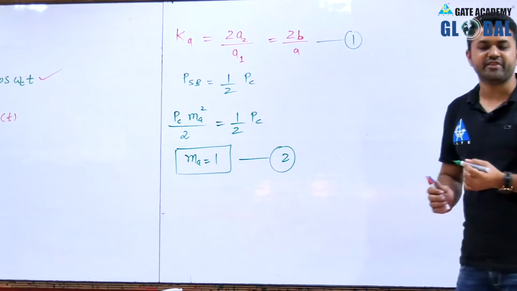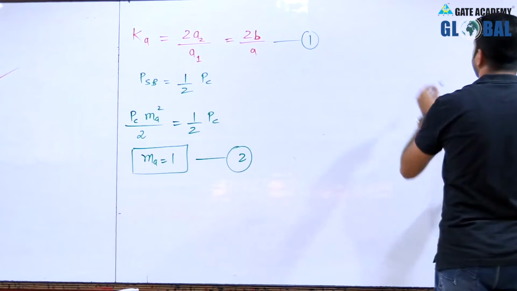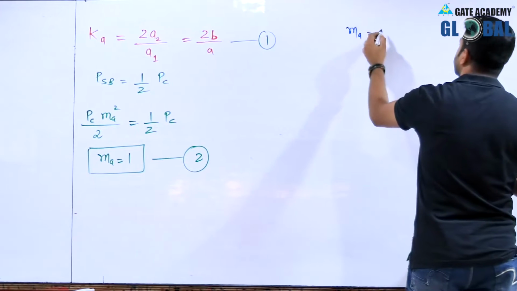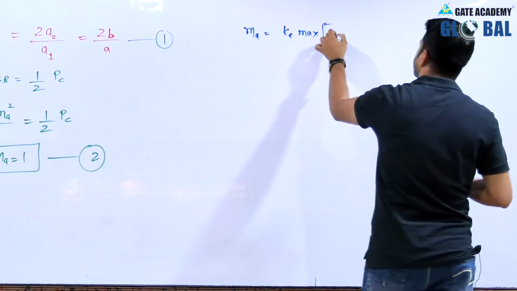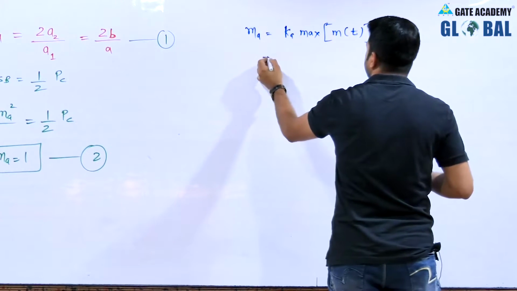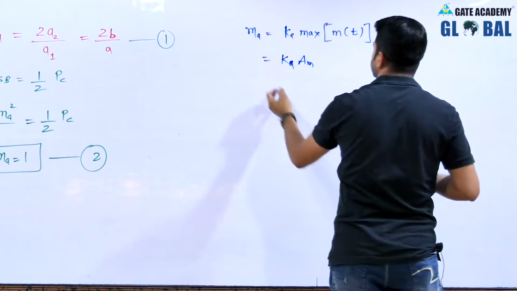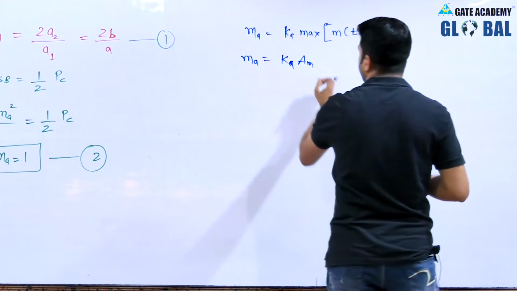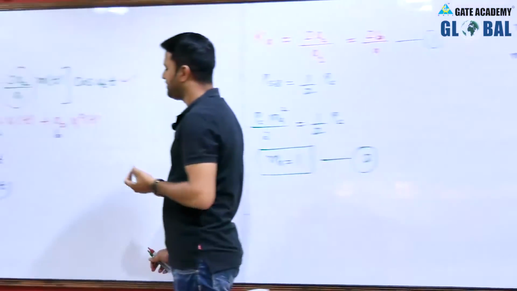So we have got the value of modulation index, which is equal to 1, and the modulation index is defined as K into the maximum value of m(t). In case of a single tone sinusoidal signal, it is K into Am, where Am is the amplitude of the message signal.